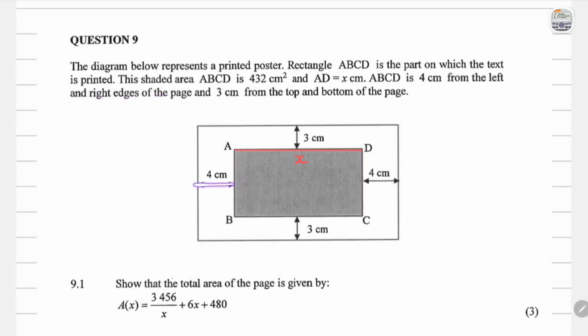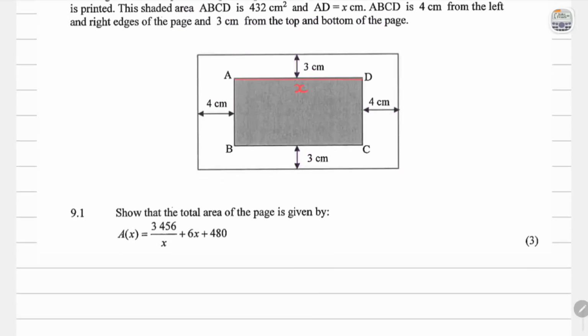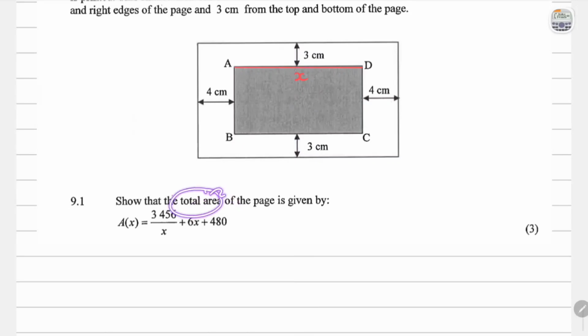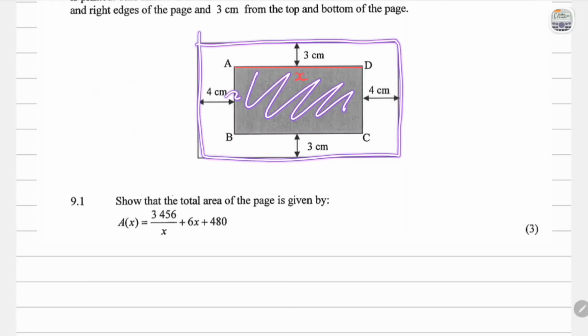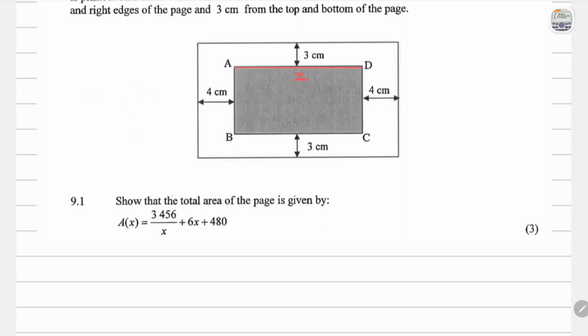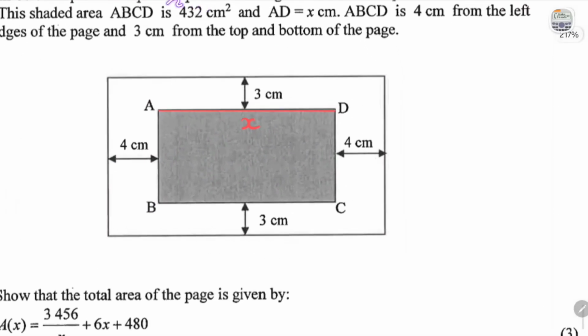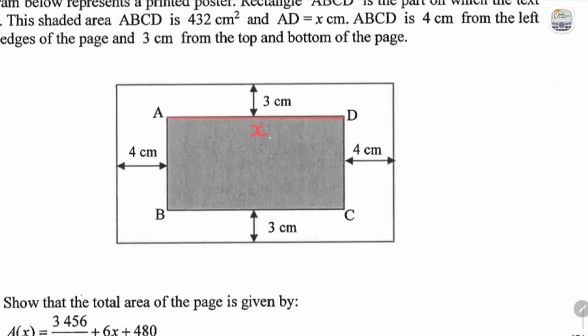As we can see, 4 centimeters like that, and 3 centimeters from the top and bottom of the page. And the question is to show that the total area of the page is given by this. So they want us to find the total area of the page given the area of the shaded part and what the sides are.